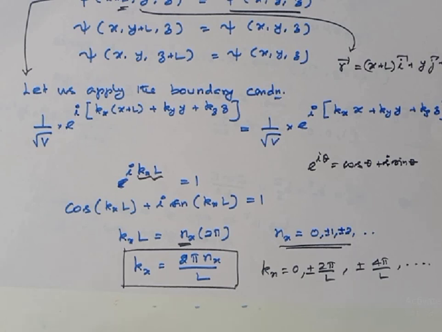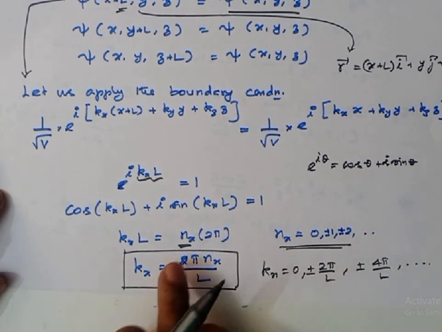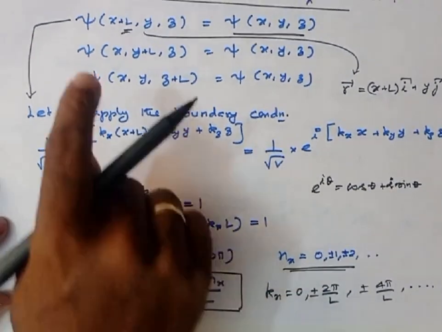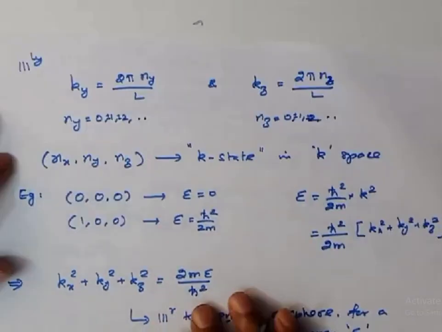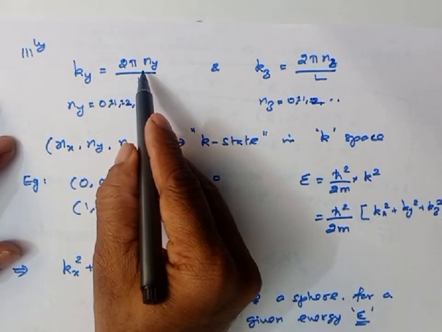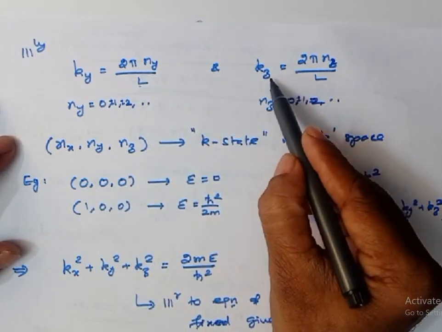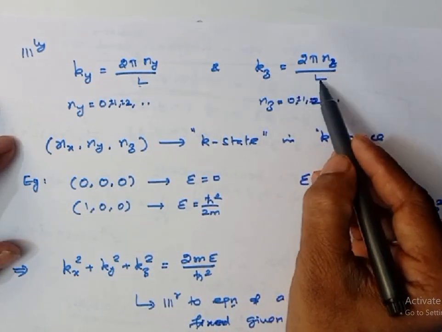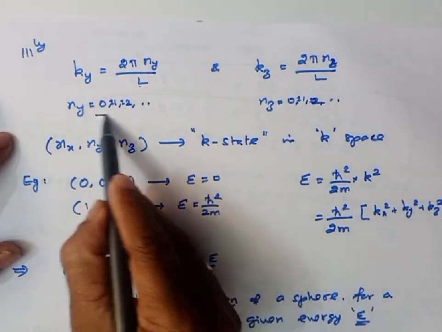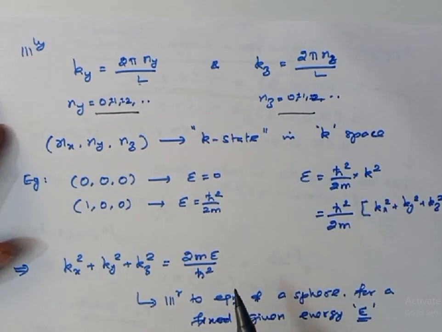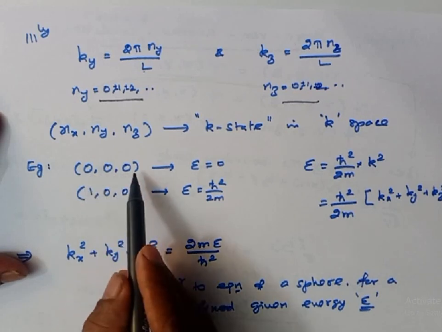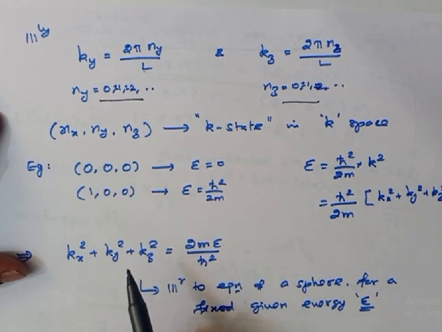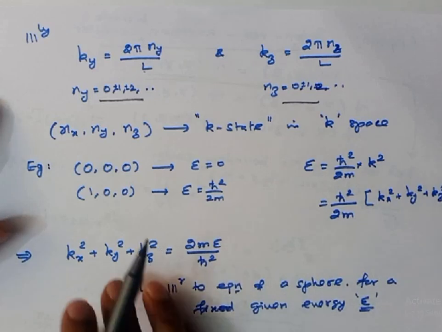So in a similar manner, if I apply the same boundary condition for this and this, I can write ky equal to 2 pi ny by L, and I can also write kz equal to 2 pi nz by L, and the allowed values of ny and nz are given here. Depending upon the value of nx, ny, nz, you will get the energy. You know very well the energy formula.